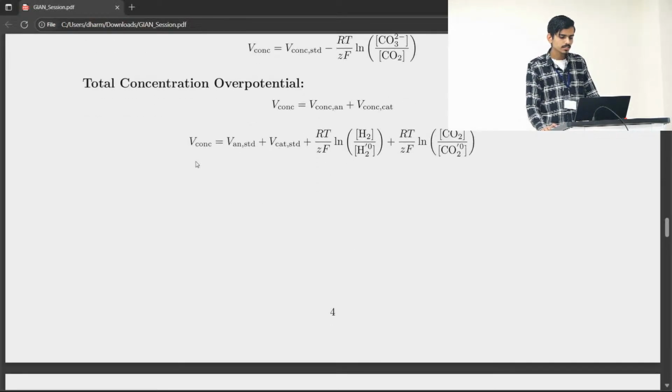So our concentration overpotential is equal to V anode standard plus V cathode standard concentration potentials plus RT by ZF ln of hydrogen concentration upon standard hydrogen concentration. Standard or nominal hydrogen concentration is calculated at standard temperature and pressure, but this H2, which is a calculated one, can be calculated at any non-standard condition.